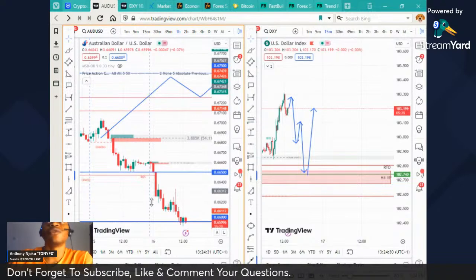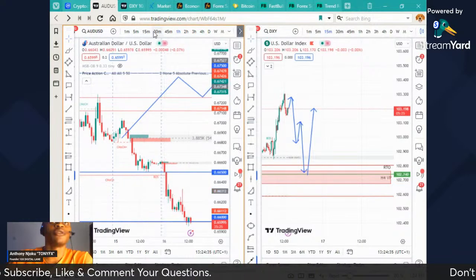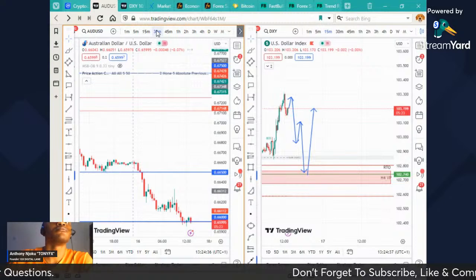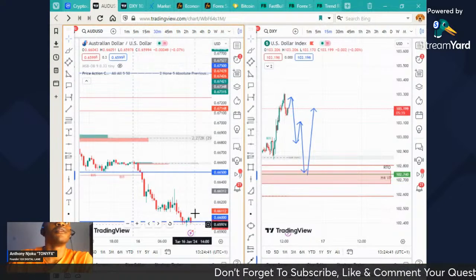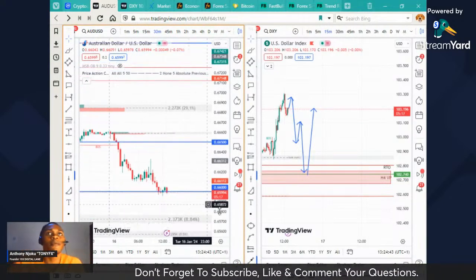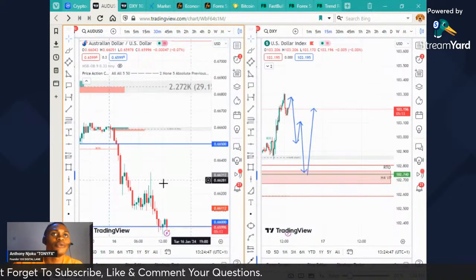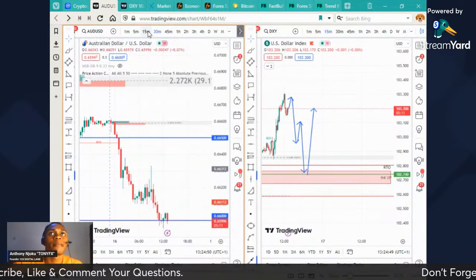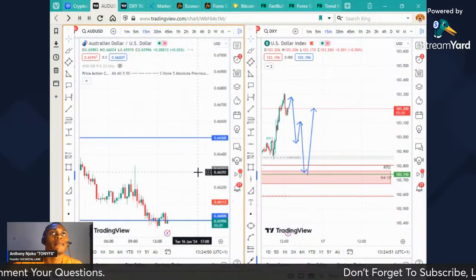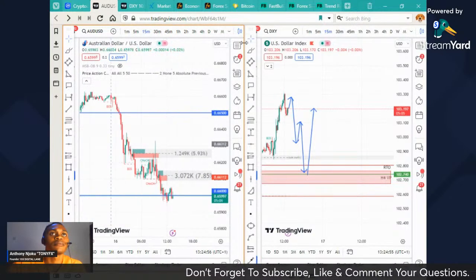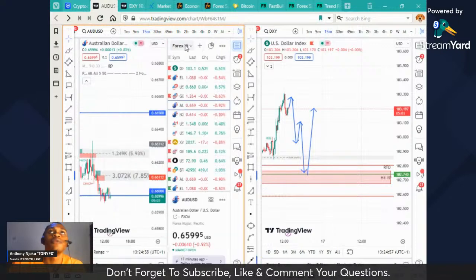It's a little bit complex. But it's at a psychological level though, and it could easily bounce off from that psychological level and move up. I won't be looking for any trades on AUD.